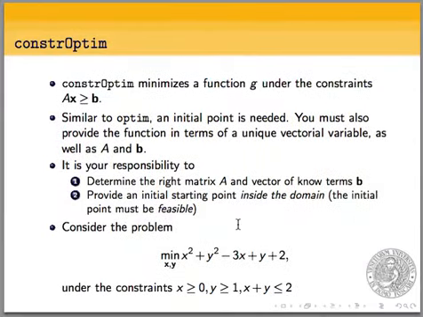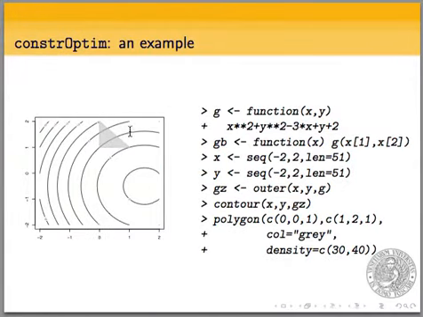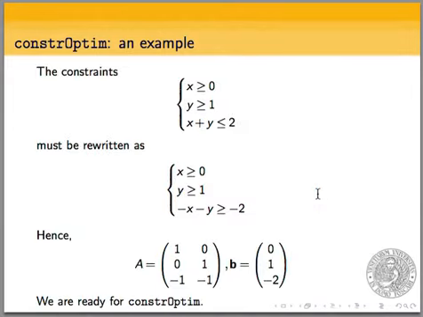This means that it is indeed the set of points that satisfy the three inequalities that you see here. So my question is really, which is the point inside the triangle such that my function g is minimized? And in order to solve the problem, I have to rewrite the constraints as I was telling you before.